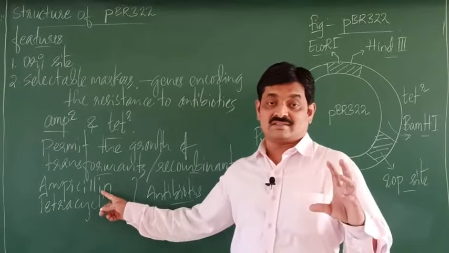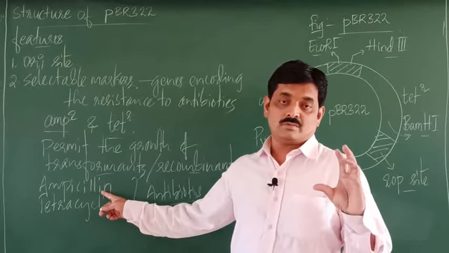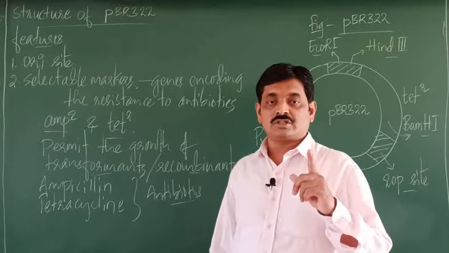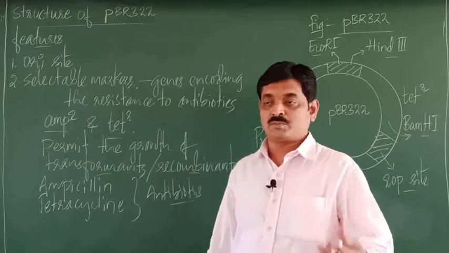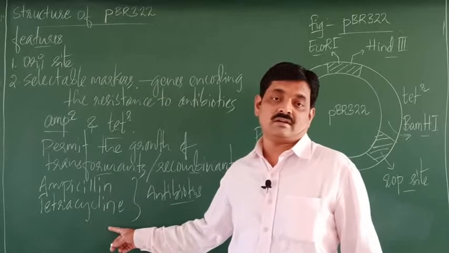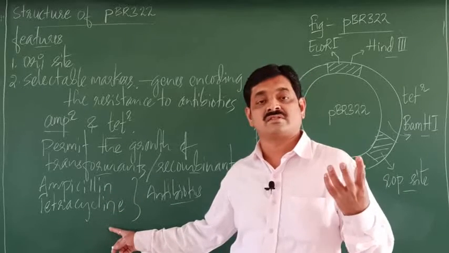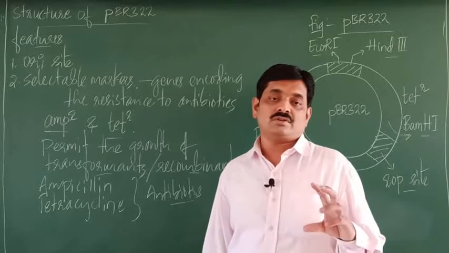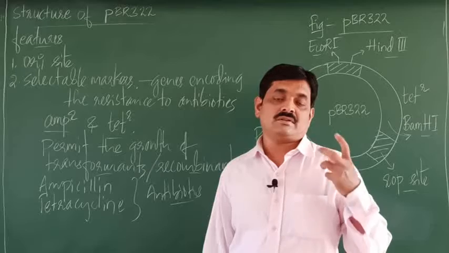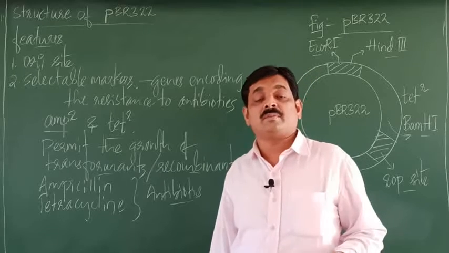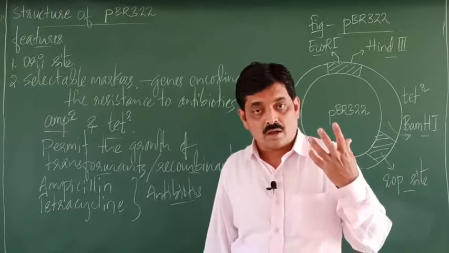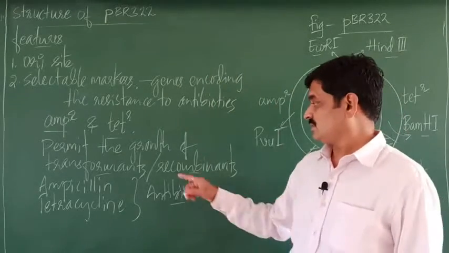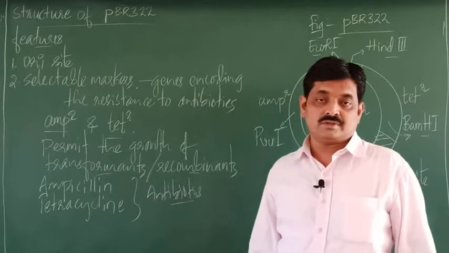So these E. coli cells, when they have this plasmid pBR322, will not die when they are exposed to ampicillin and tetracycline. That means they get resistance to these antibiotics, right? So such genes that encode resistance to antibiotics are called selectable markers, which permit the growth of transformants, right?